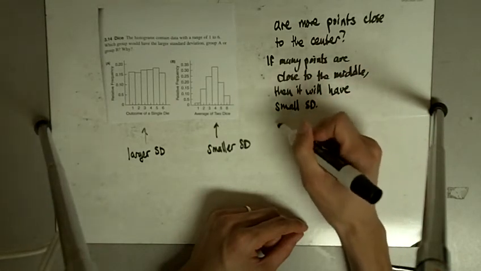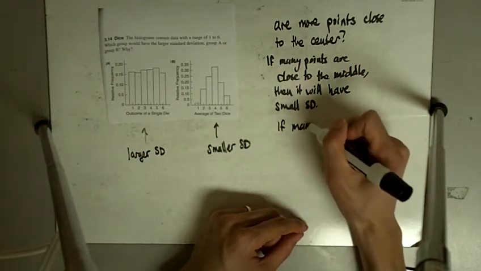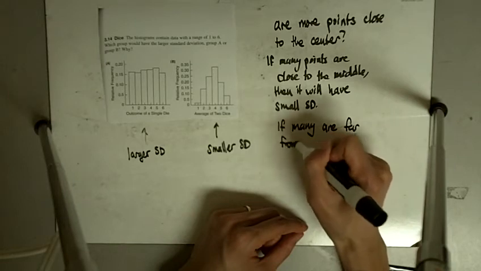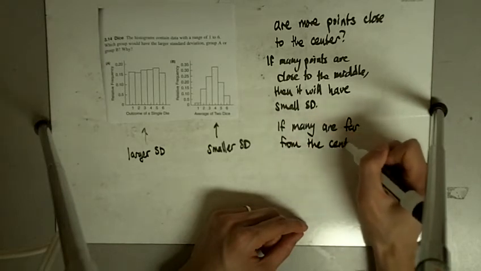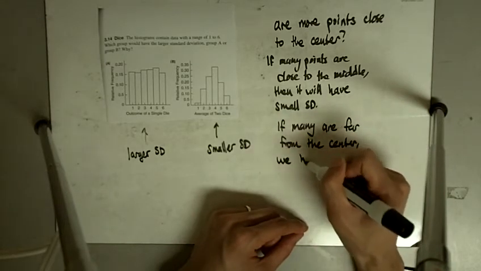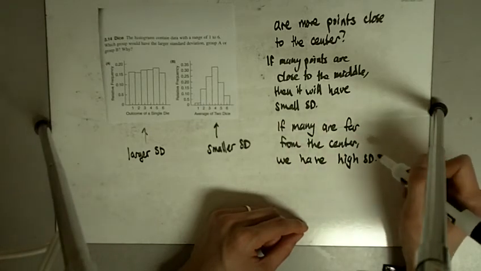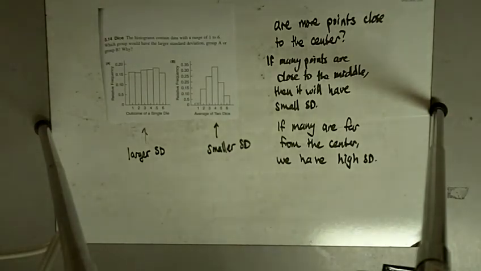If many are far from the center, we have high standard deviation. Okay, because standard deviation is just a measure of spread.